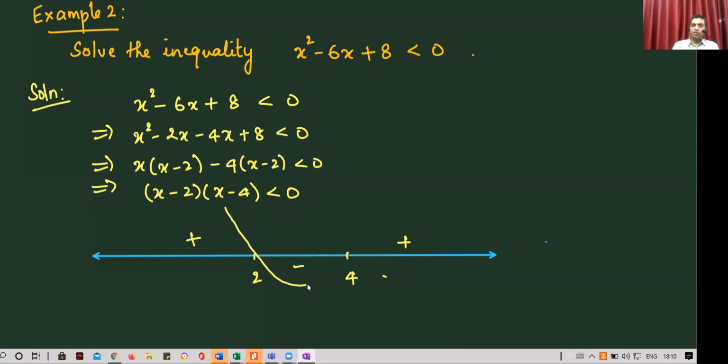And because we know it's a quadratic, we can draw the graph like this. So in this region it is positive, in this region it is positive, in this region it is negative. So solve the inequality means for values of x. So x belongs to 2, 4 for this inequality to hold. Understood? How we used wavy curve method to do it?